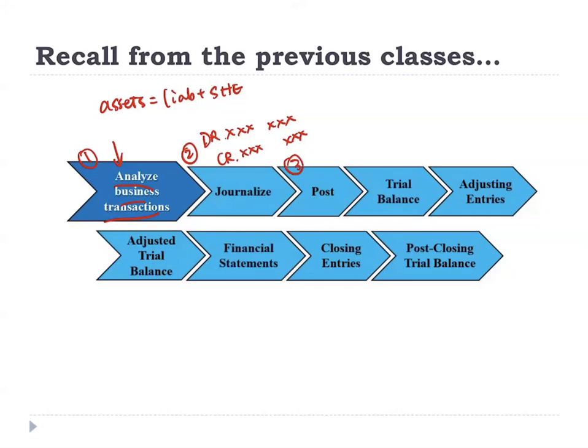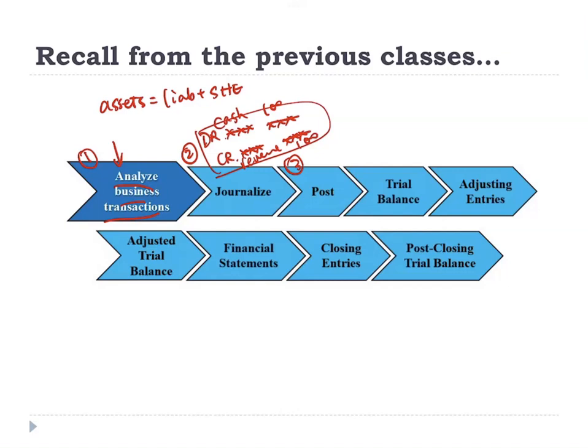In the posting step, when we make a journal entry, it involves several accounts, and posting means we post the amount to the respective account. For example, if the journal entry is to debit cash 100 and credit revenue 100, this journal entry touches two accounts, the cash account and the revenue account.